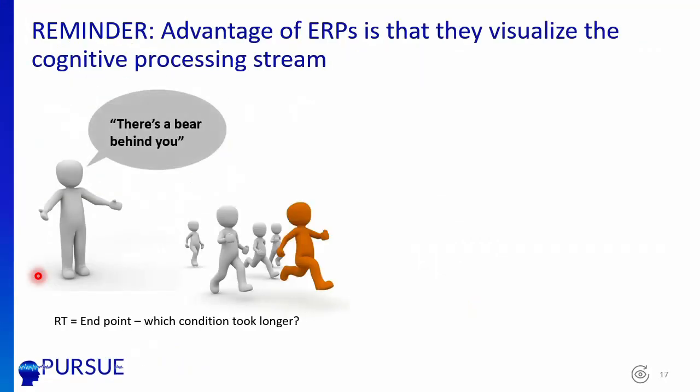So remember, we could collect behavioral measures, and these behavioral measures are useful, right? This is what the cognitive psychologist would do. For example, we could take response times, and this would tell us about the output of cognitive processing, how long it takes people to engage in a particular decision, for example.